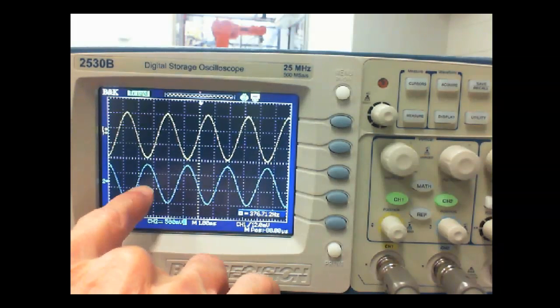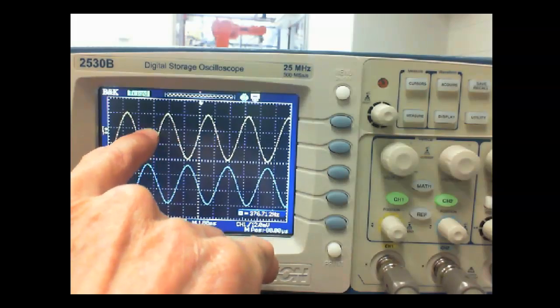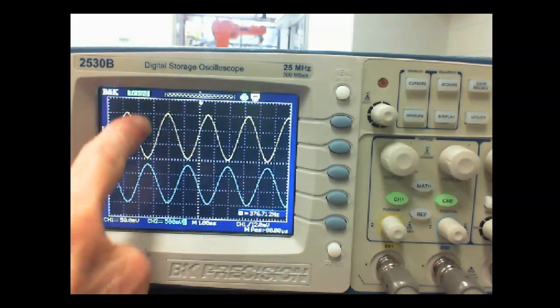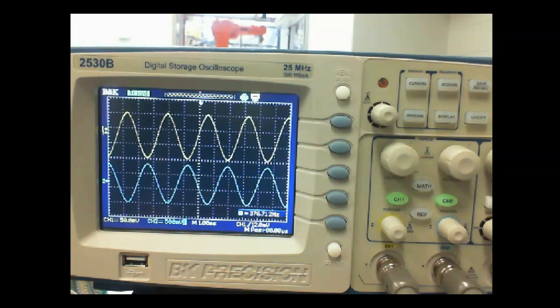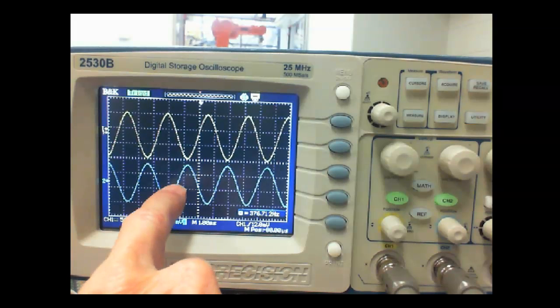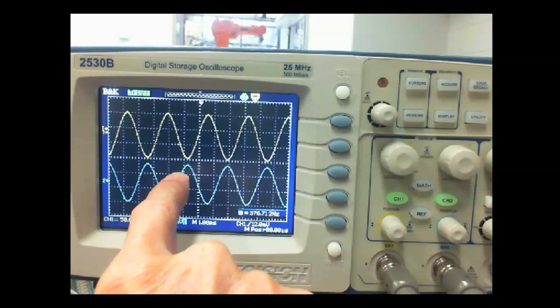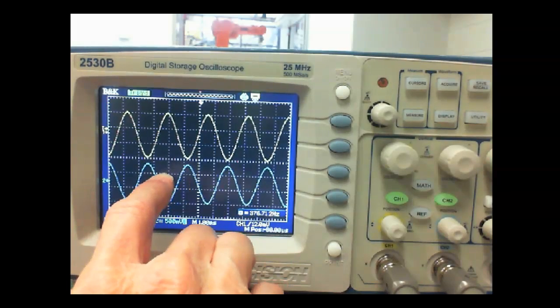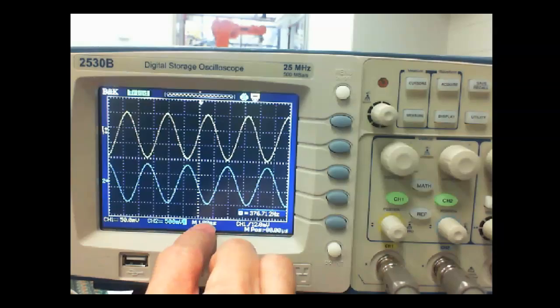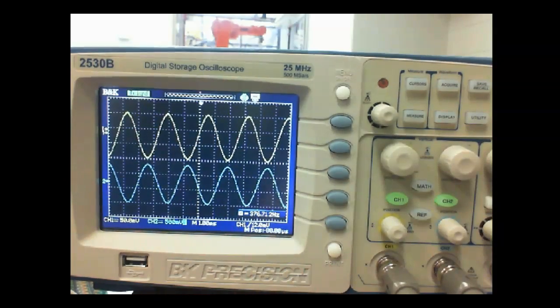I have 50 millivolts per division, so that would be 150 millivolts in. Channel 2 is on 500 millivolts per division, so that would be 1 volt, and that means 10 millivolts per minor division.